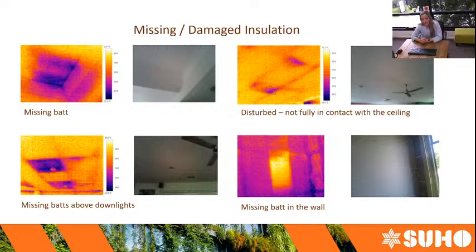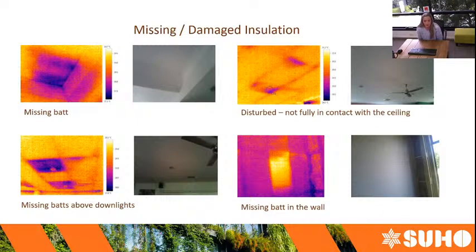The other thing that we find is missing or damaged insulation, and this is quite common. All of these things are quite common actually. So the top left hand picture is a missing insulation batt. Both of the pictures on the left are both missing insulation batts. The one in the corner, I can't really explain what's going on and why that's not there. Maybe there was access issues.